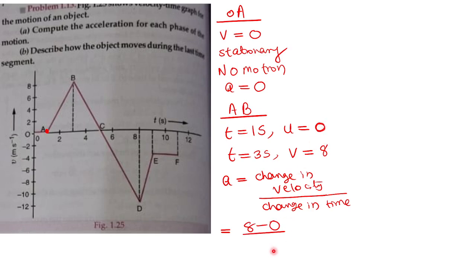Change in time will be 3 minus 1. Acceleration is change in velocity by change in time. It will be 8 by 2, or 4 meter per second square.